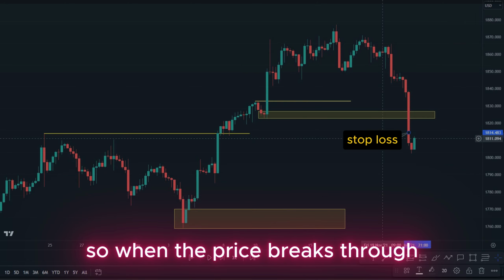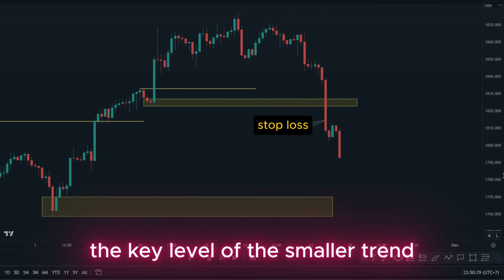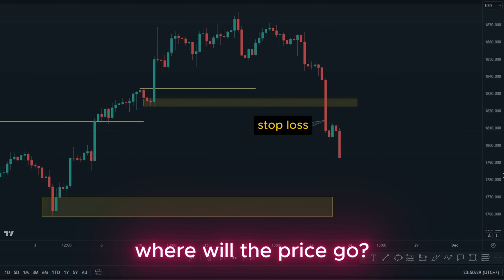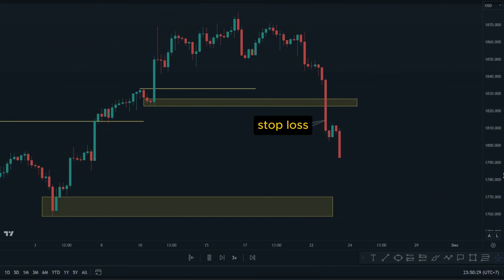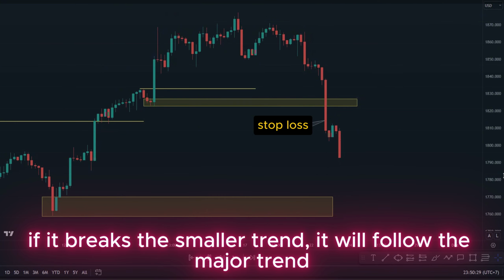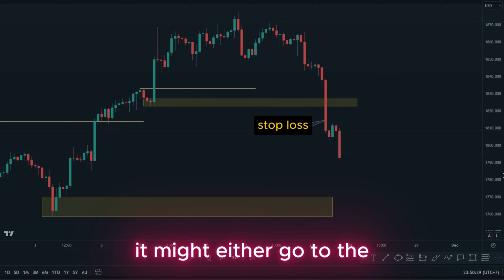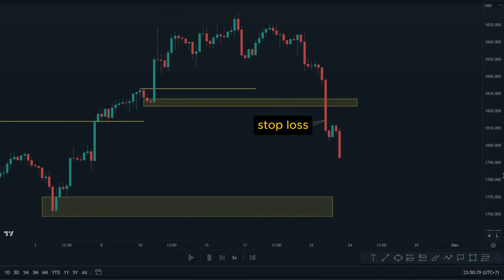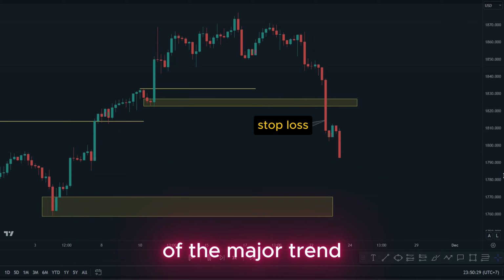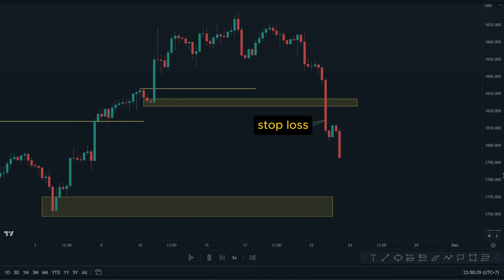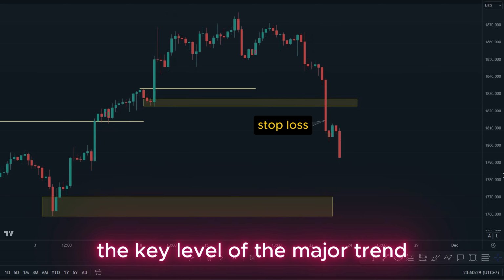So when the price breaks through the key level of the smaller trend, where will the price go? If it breaks the smaller trend, it will follow the major trend, and if it follows that principle, it might either go to the previous high of the major trend, or go to the key level of the major trend.